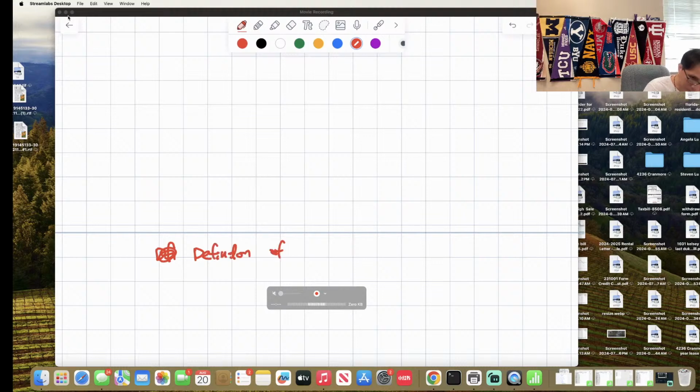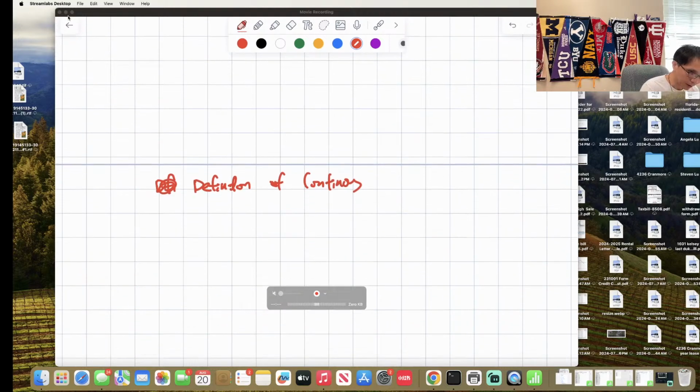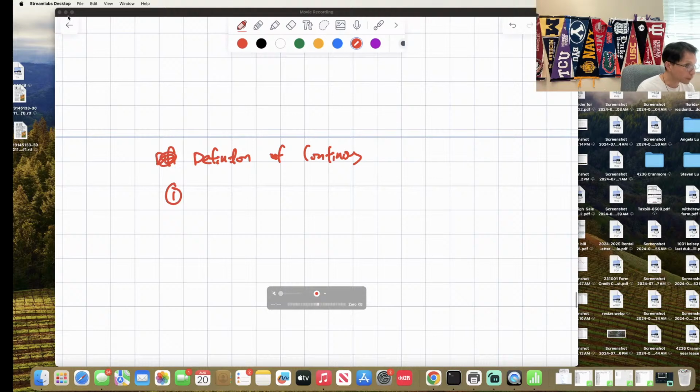It has to exist, like after A, after B, after C. Ethan, is it the limit as x approaches a equals f of a? I think that's too complicated. Let's take one thing at a time. There are 3 requirements for a function to be continuous. Which 3?